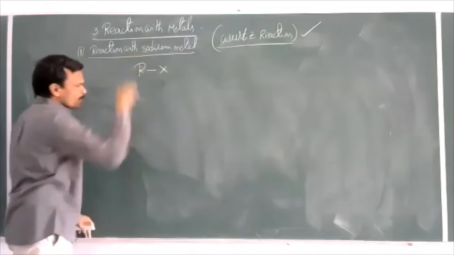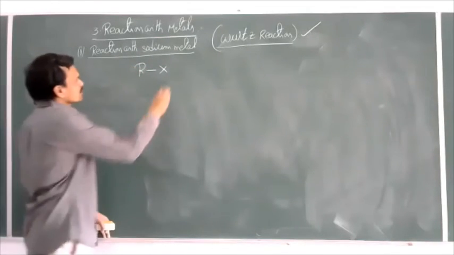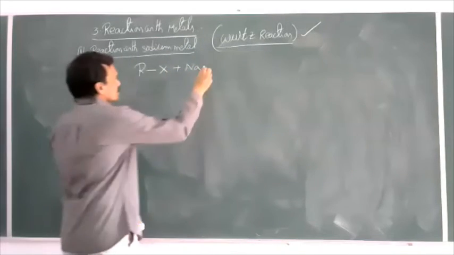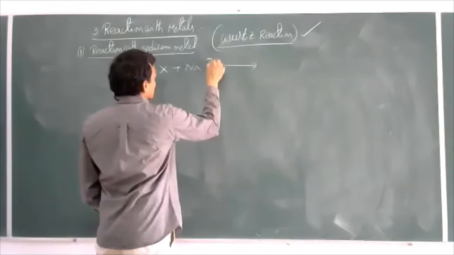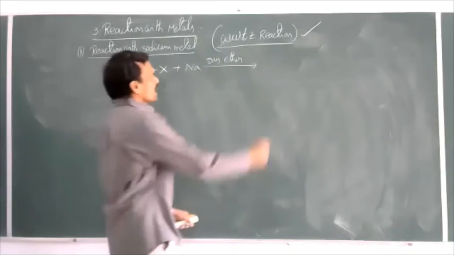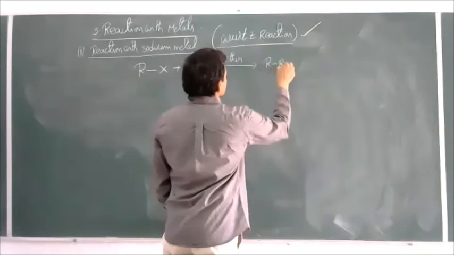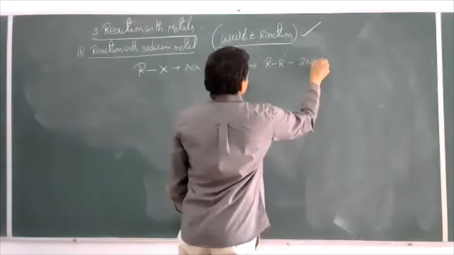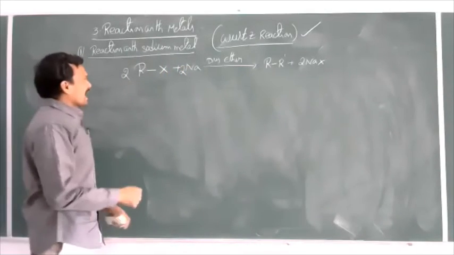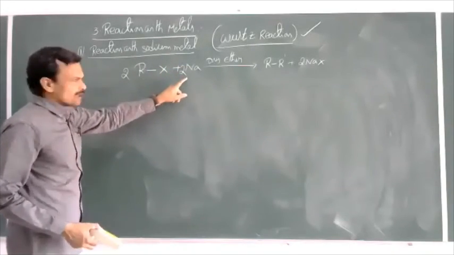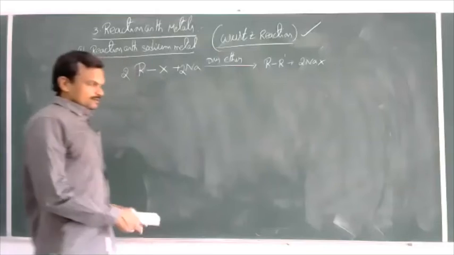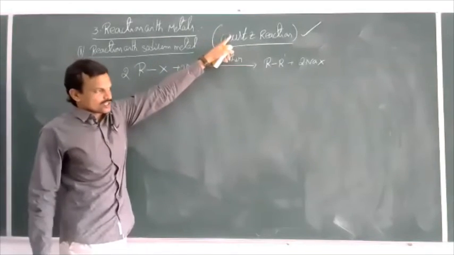RX, a haloalkane, when allowed to react with sodium metal in the presence of dry ether, gives higher alkanes as the product. So this is a balanced equation here. This reaction is known as the Wurtz reaction.